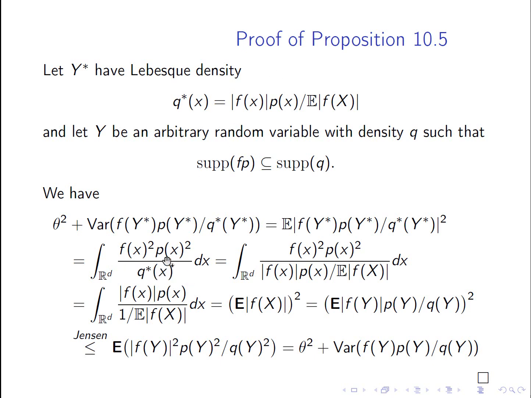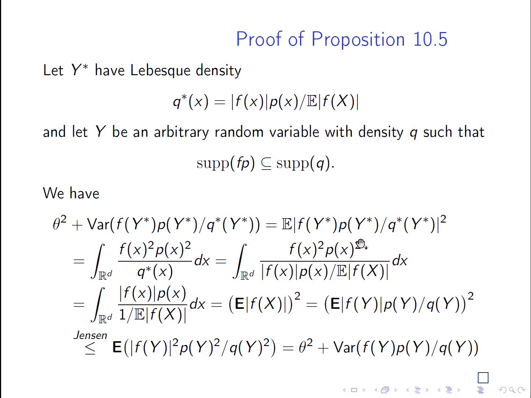Okay, let's now plug in the expression for q star of x. q star of x is absolute value of f of x times p of x divided by the expectation of the absolute value of f of x. And what can we do with this now? Well, here we have f of x squared p of x squared divided by absolute value of f of x and p of x.